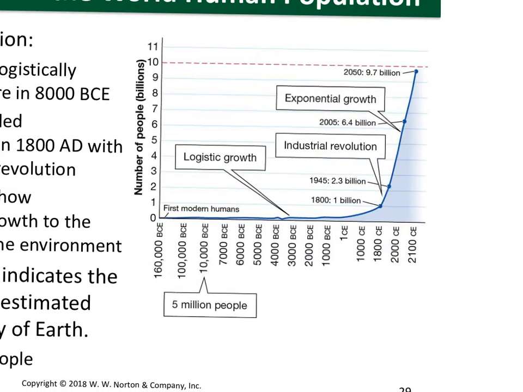There was a guy named Malthus who wrote a treatise, a paper on human population growth. He came up with the idea that at some point the human population is going to outgrow the amount of food that it can actually grow to support the population.